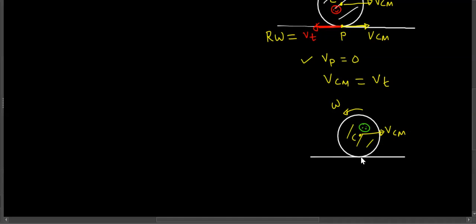If you look at the point that is touching the ground, because of the center of mass velocity, it will have that velocity in the forward direction to the right. In addition to that, the tangential velocity is also to the right. You see? Now, these two get added. They will not cancel one another. So now this is not pure rolling. It is clearly slipping forward. So this is slipping.